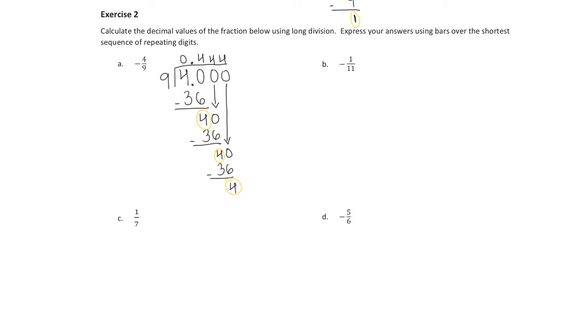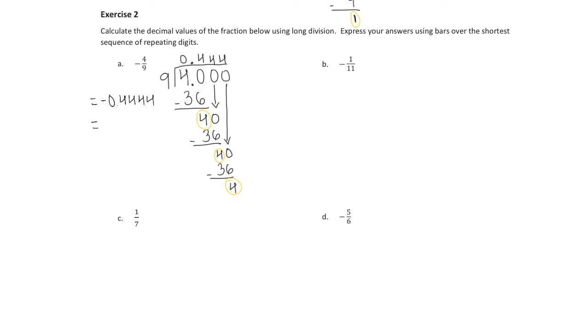Great. Now we understand that when there are repeating remainders, that means that our decimal is also going to be repeating at the top. So, for example, now we know that negative 4 over 9 equals negative 0.4444 and so on.